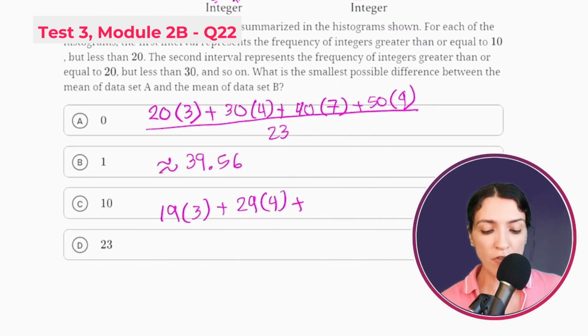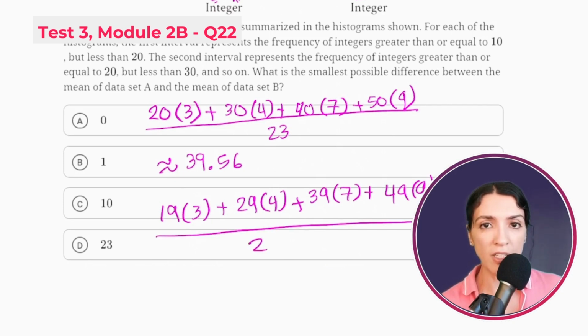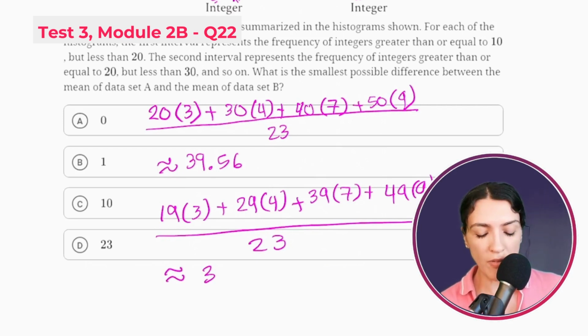So on and so forth. So we'll have 39 times 7 plus 49 times 9. And since we have 23 values, we'll divide this by 23. And we get this to be 38.56.